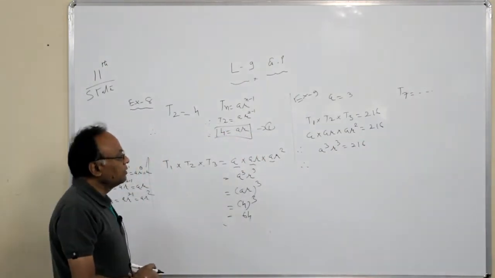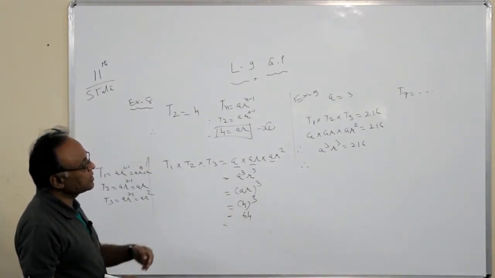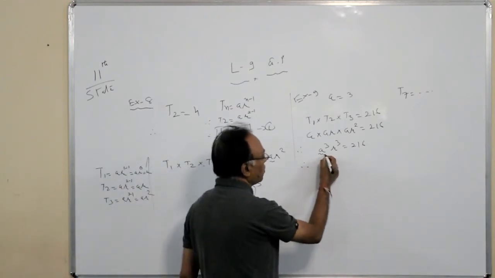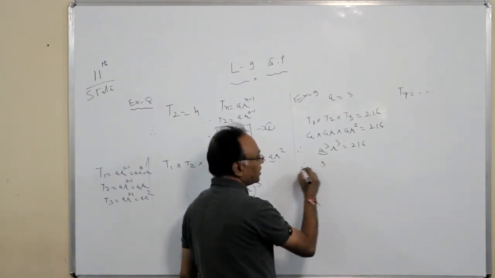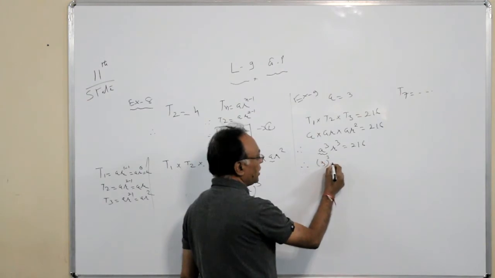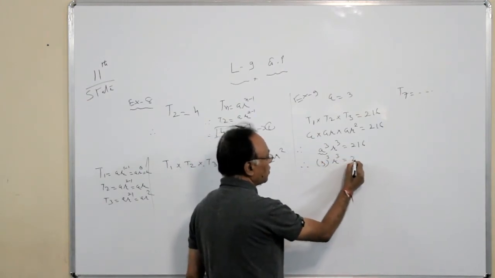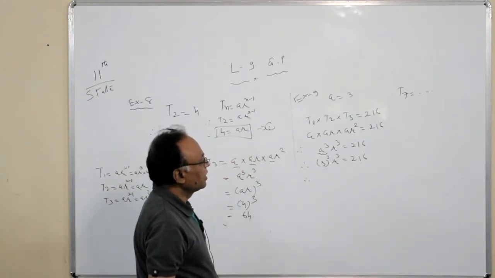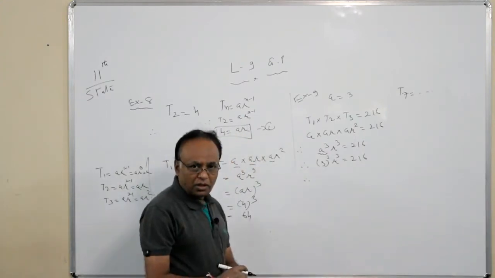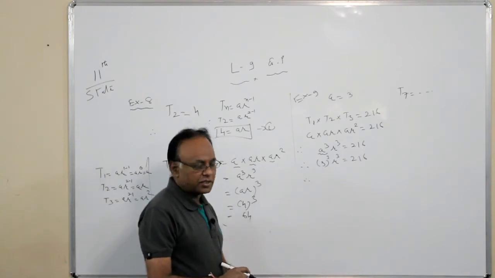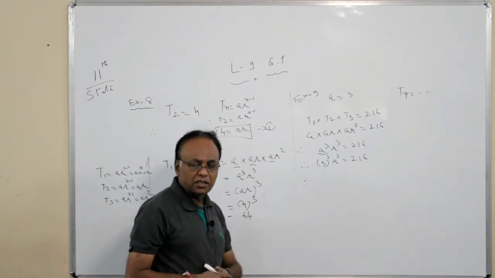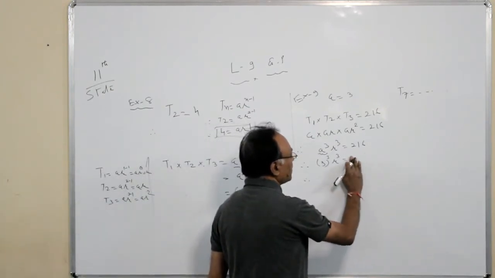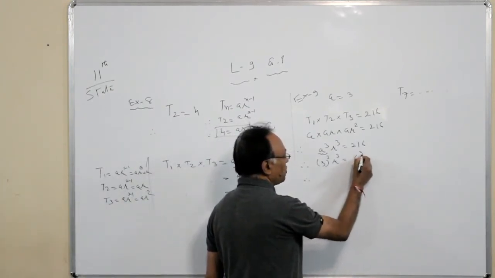The first term is given as 3, so A is equal to 3, the whole cube, into R cube is equal to 216. Now listen to how to make the simplification easy. 216 is the cube of 6, so write down 216 as 6 cube.